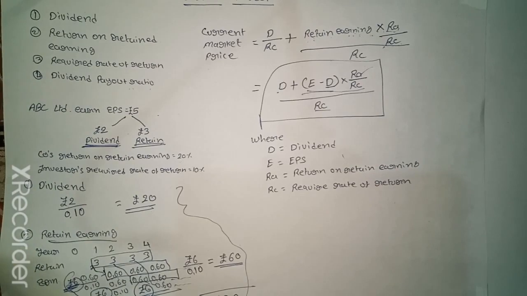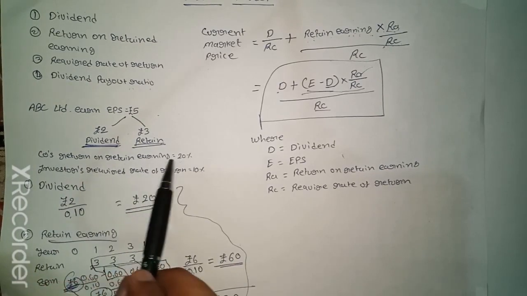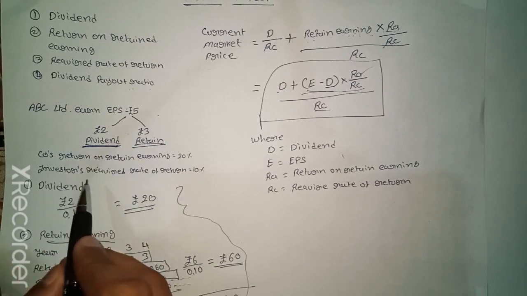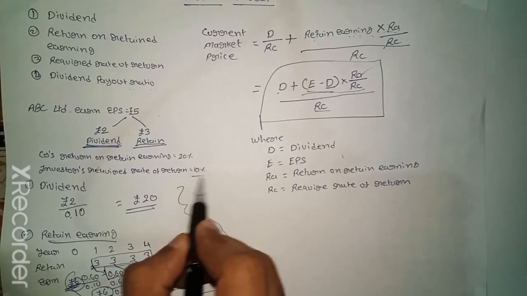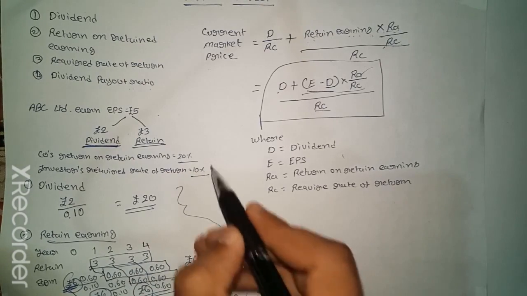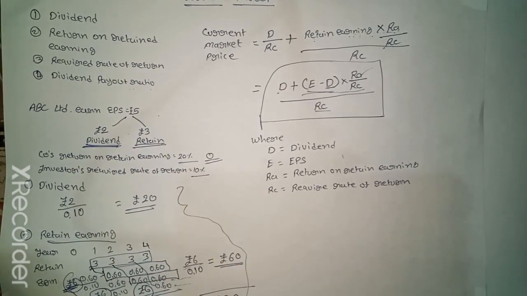Here in this example, the company's return on retained earning is 20% and the investors' required rate of return is 10%. Means the company earns more than the required rate of return. It means if dividend is 0, then the company will add more value.